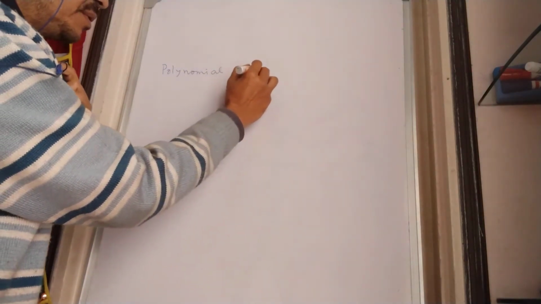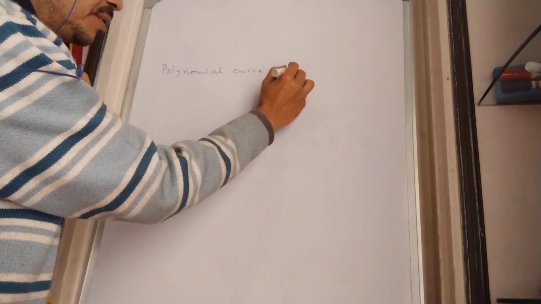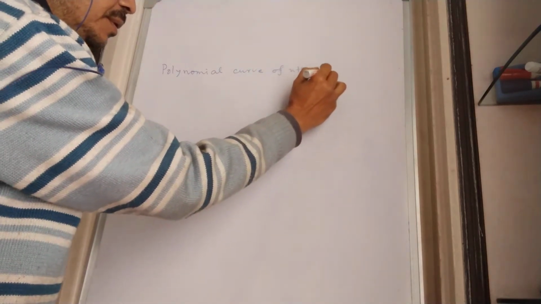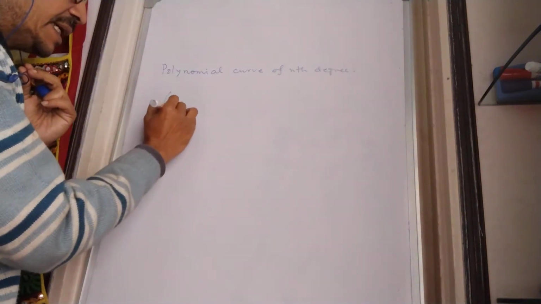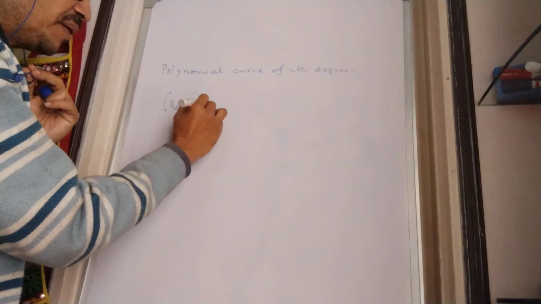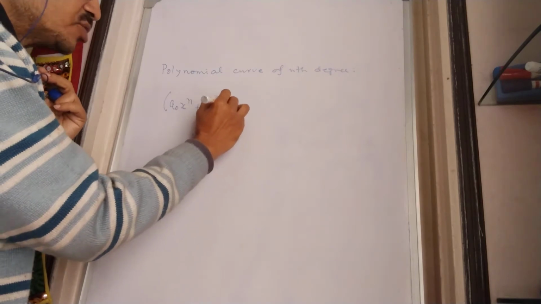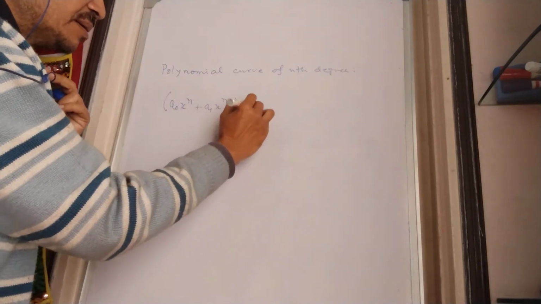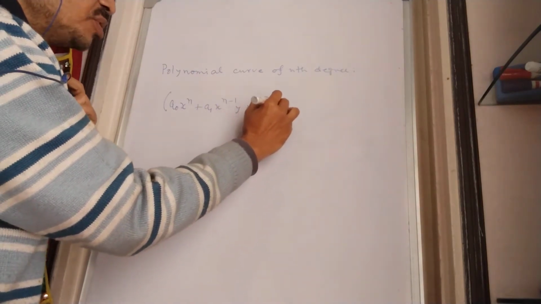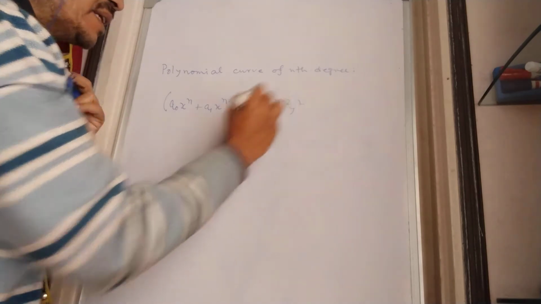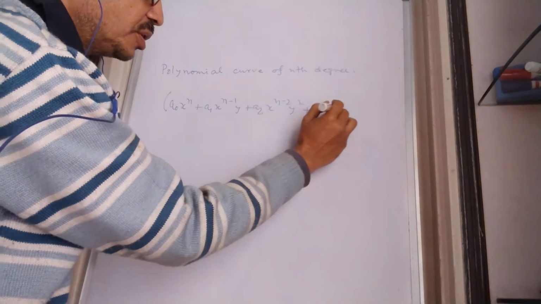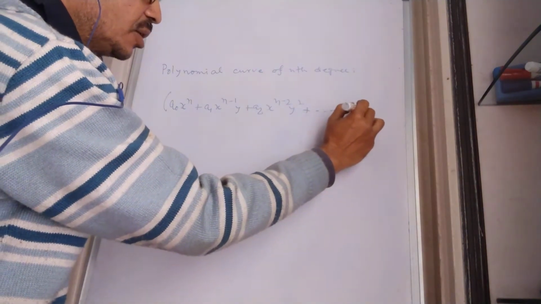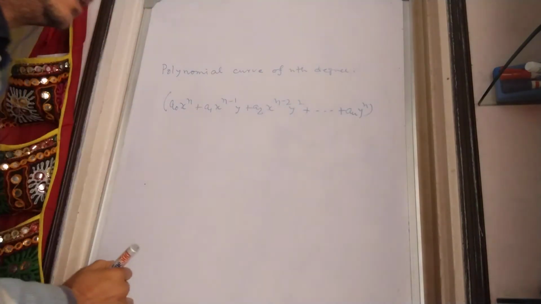We write it as a0 x to the power n plus a1 x to the power n minus 1 y plus a2 x to the power n minus 2 y square and so on up to an y to the power n.